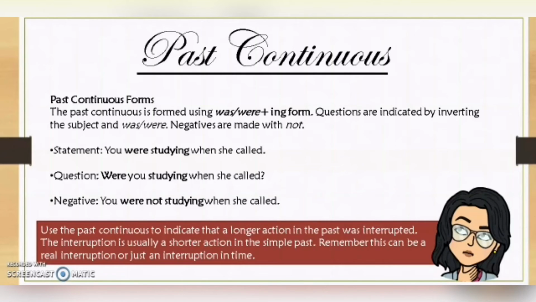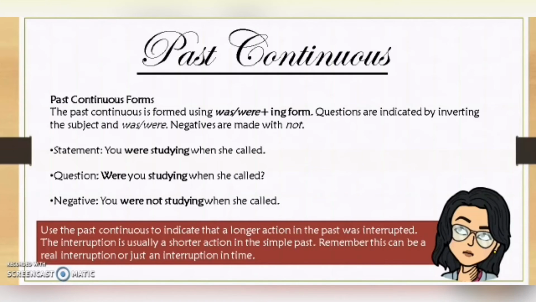That was the action that you were doing when she called, okay? If you change the position of the verb to be, you have, were you studying when she called? And you answer yes, I was, or no, I wasn't.